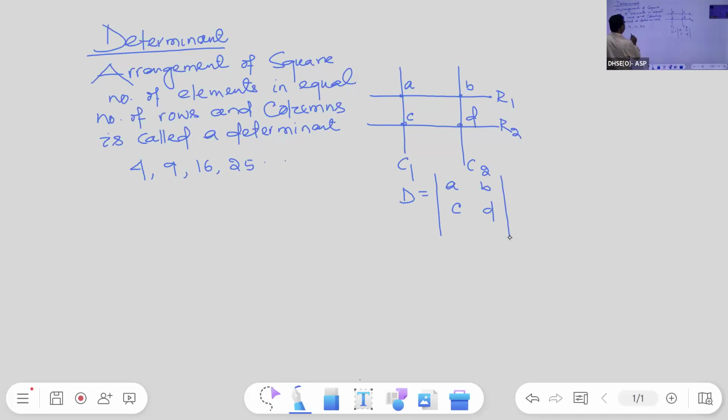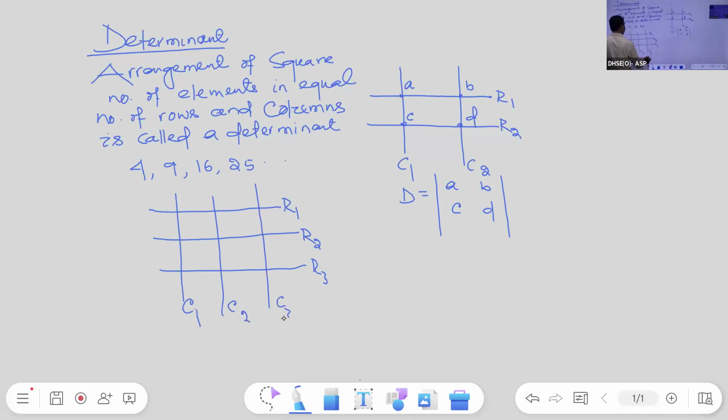If we have 3 rows and 3 columns, row 1, row 2, row 3, and 3 vertical lines, column 1, column 2, and column 3, there are 9 points of intersection.